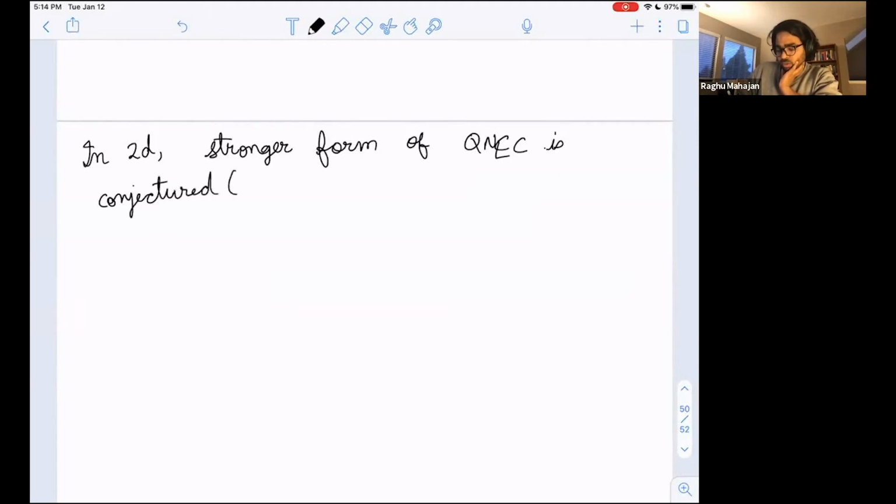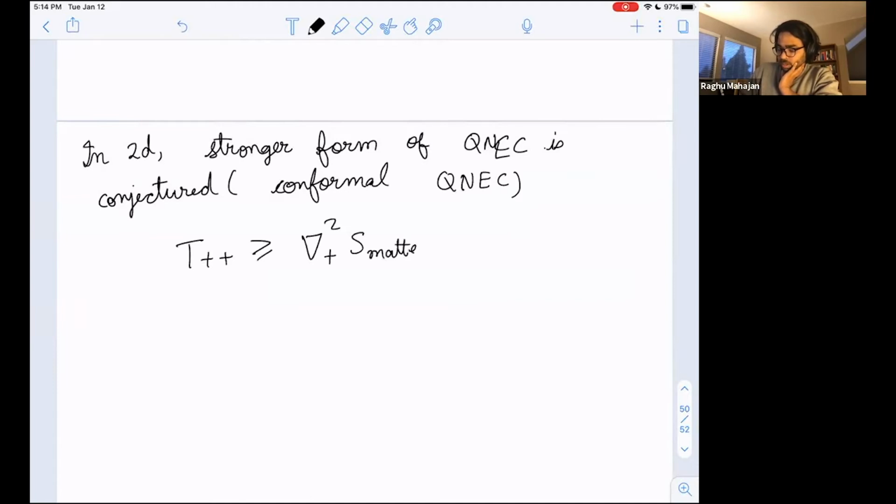We can call it the conformal QNEC if we want. And that says that T++ is not just bigger than or equal to grad plus square of S matter, but it's bigger than that plus a positive term, like this.